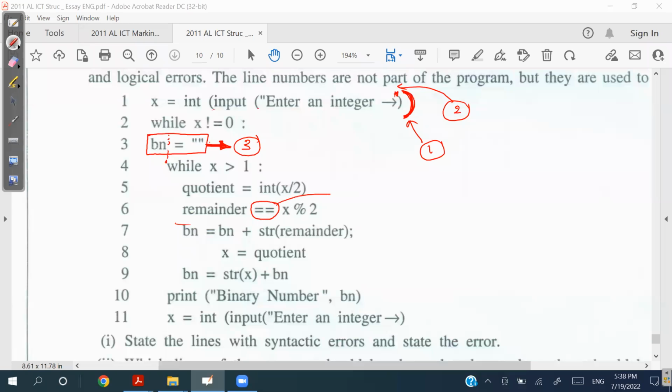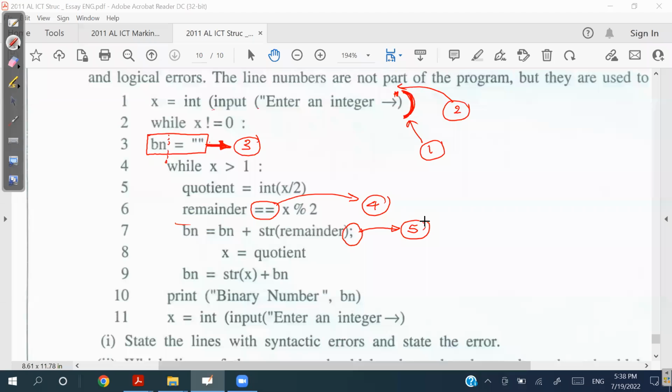This double equal sign is for comparison, not for assignment. So that is the 4th error. And this semicolon in the 7th line is not needed because there is no line termination rule in Python.